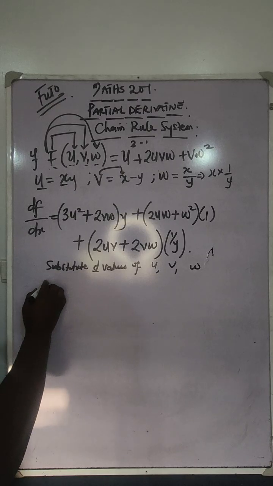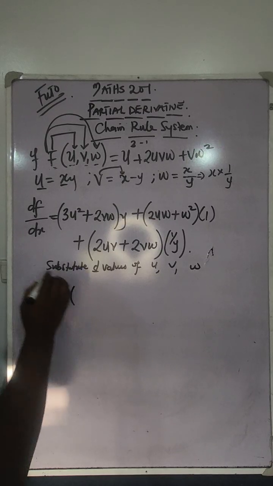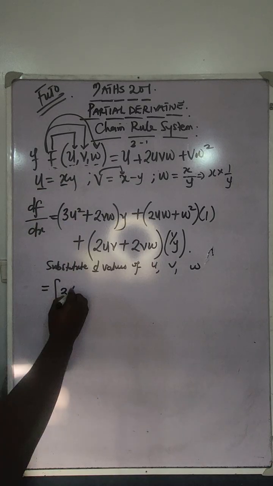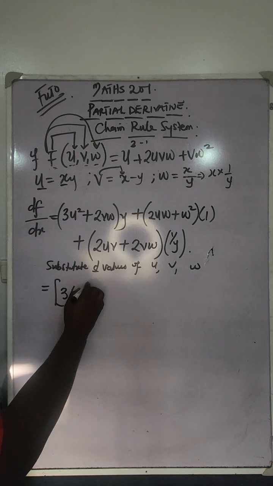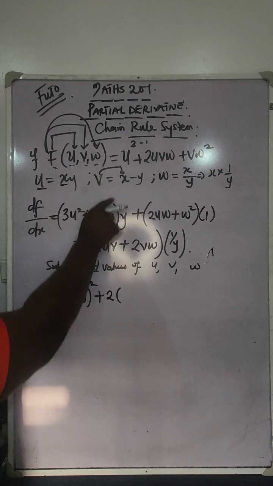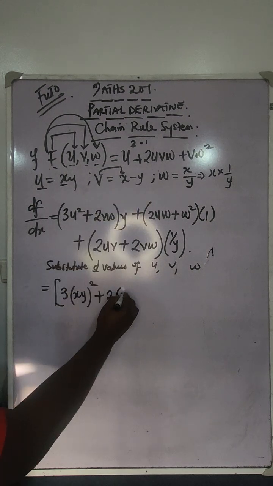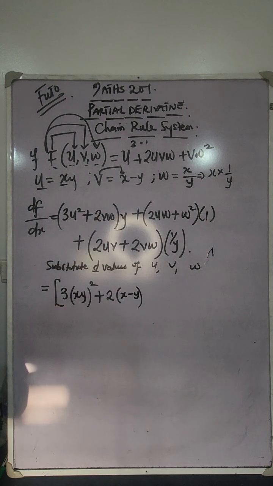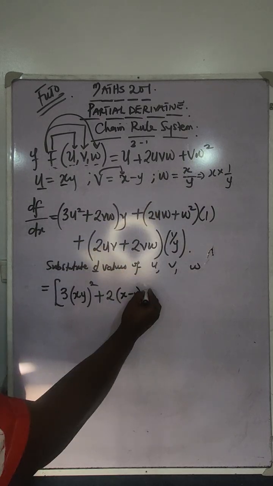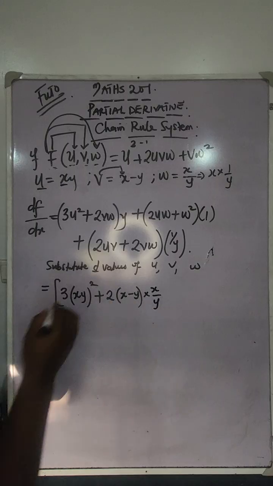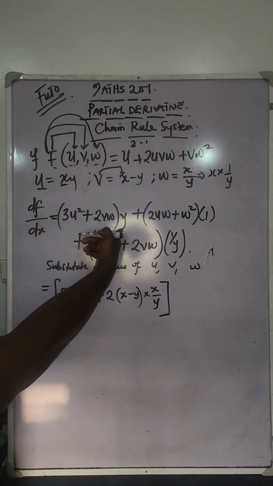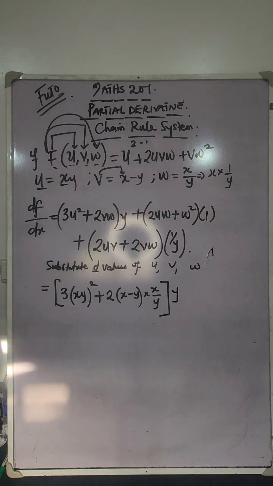So what I'm seeing here right now is 3 into the bracket of, I'm not going to write u again, I'm going to write xy, all squared, plus 2 into the bracket of, I'm not going to write v again, I'm going to write x minus y, and w, I'm not going to write w again, I'm going to write x over y, multiplied by x over y, multiplied by y, did you see that?